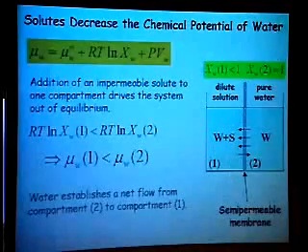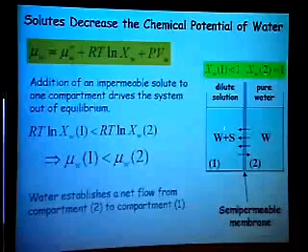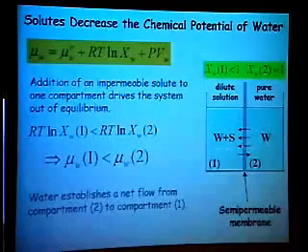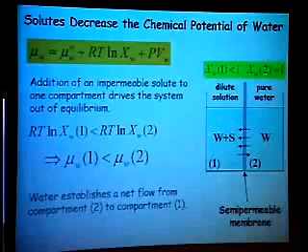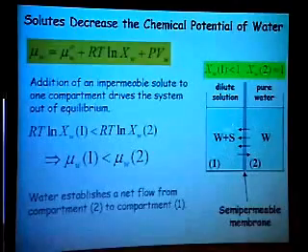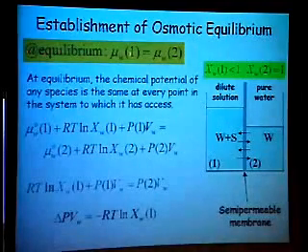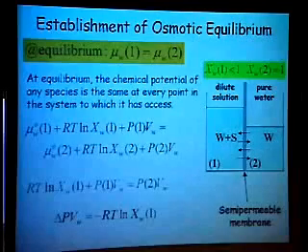Remember that this membrane is a semi-permeable membrane. It allows water to pass, but it blocks salt. Okay? So for this reason, of course, you established a net flow of water from one side to the other side. Still, you have some diffusion of water in the opposite direction. But all over, the net flow of water is from 2 to 1. And actually, it's very easy that at equilibrium, when you establish equilibrium, chemical potential should be the same.